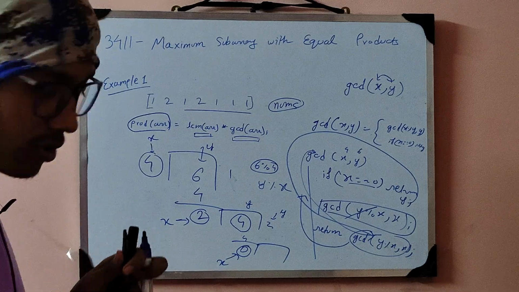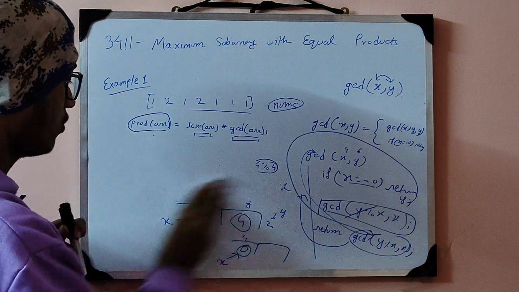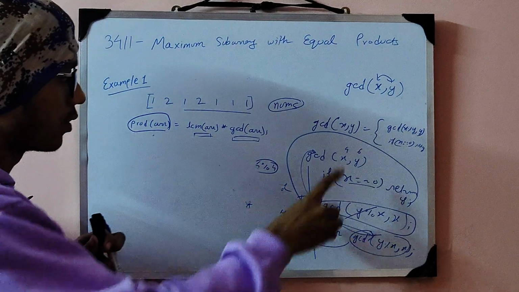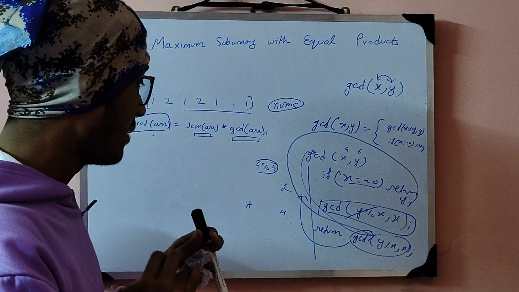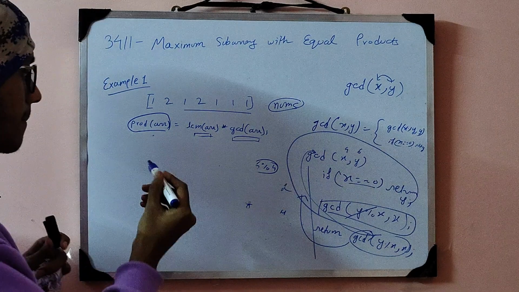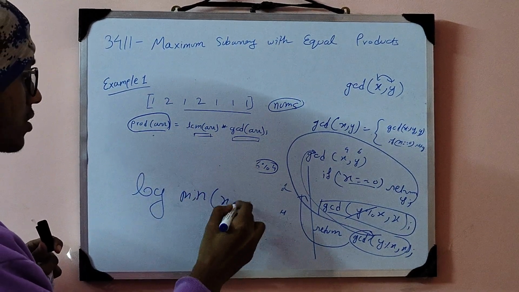Now we should focus on how to find LCM of 2 numbers. You have seen how to calculate GCD of 2 numbers, and the time complexity of this is logarithmic of minimum of x comma y.